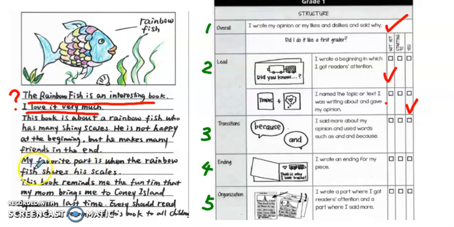I found he mentioned my favorite part is when the rainbow fish share his scales. But he doesn't tell us why. So I think we can leave a mark here. Okay, we leave a mark here. Because. Okay, and then I go back to the checklist. I check no. Because he doesn't have any transition words here in his writing.